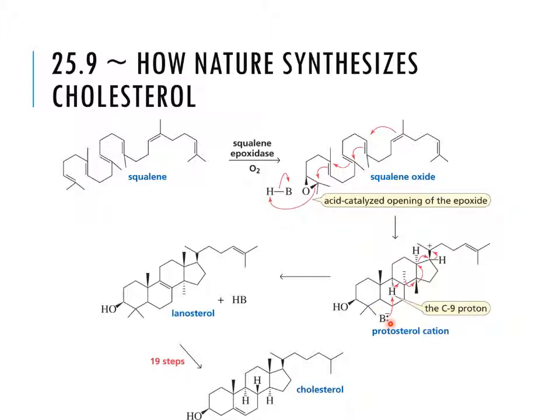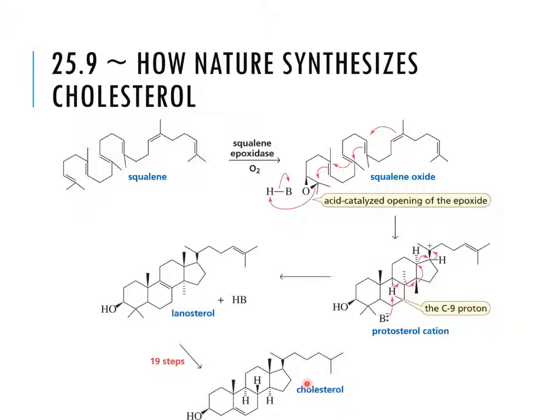The base again is going to come in and take off this hydrogen here, which creates a big shift domino effect, but it allows us to have the double bond in place and some of our carbon groups here moved around. This is my favorite part of the mechanism. 19 steps later, magic happens, and we make cholesterol.